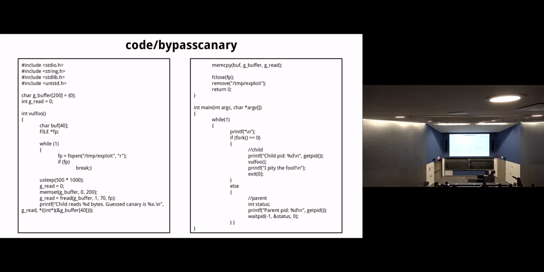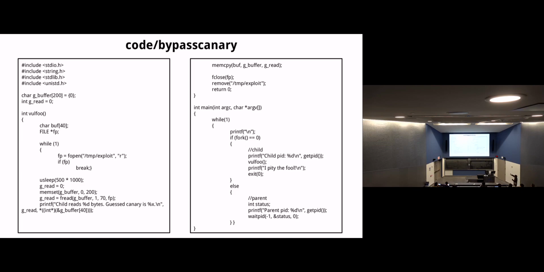The parent process will go back to the while loop and do the fork again. So every child process will not execute the loop. Only the parent will execute the loop.